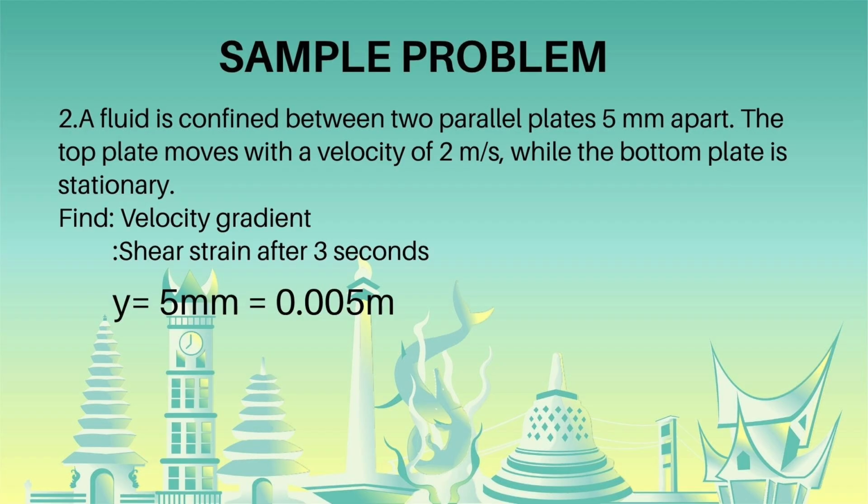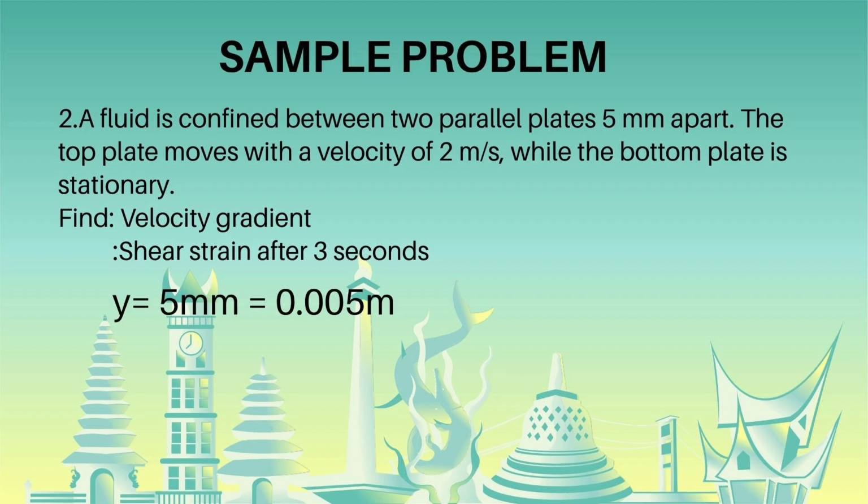Sample number 2. A fluid is confined between two parallel plates 5 millimeters apart. The top plate moves with a velocity of 2 meters per second, while the bottom plate is stationary.